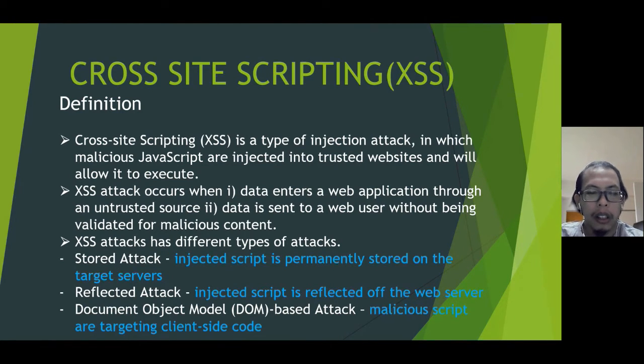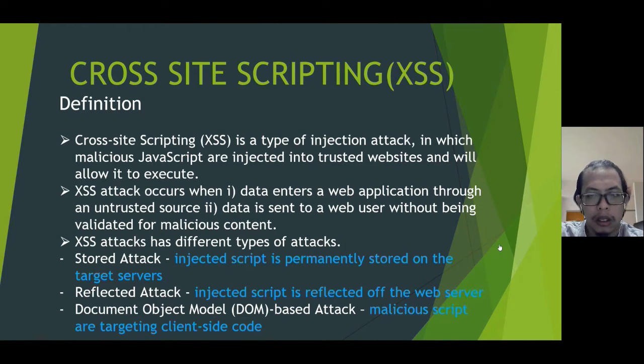For reflected attacks, the injected script is reflected off the web server, for example, an error message displayed on the web server. A DOM-based attack is a malicious script targeting client-side code, which is more focused on the client side rather than the server side.